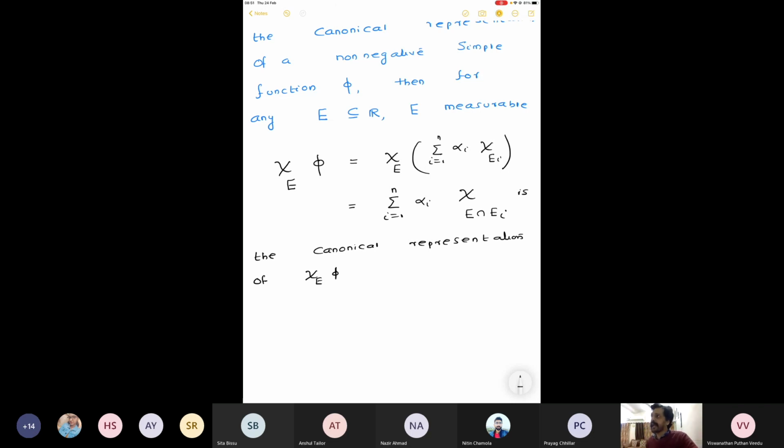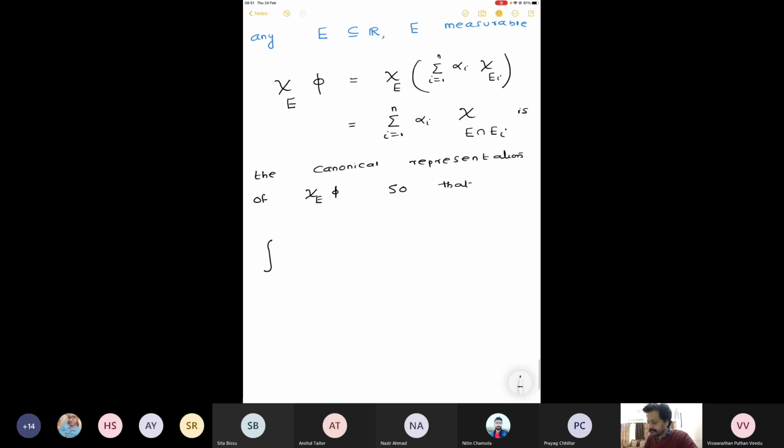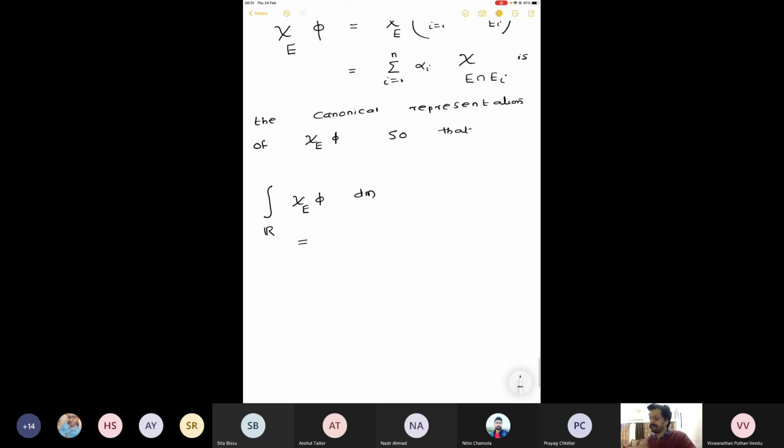Okay. So once you have a canonical representation for a simple non-negative function, you can integrate it, so that the integral over R of chi E phi dm will be equal to, yes, what will be the definition?